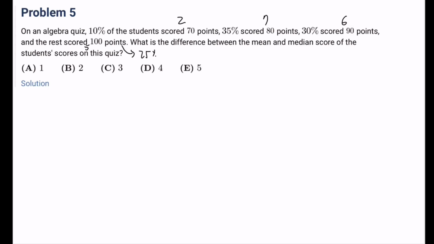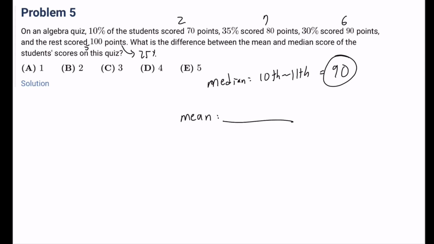So the median is the 10th and the 11th, and the 10th and the 11th both are going to be here, so this is going to be 90 points. So that's our median. And for the mean, that's going to be 2 times 70, plus 80 times 7, plus 90 times 6, plus 5 times 100, all over 20, because there are 20 in total.